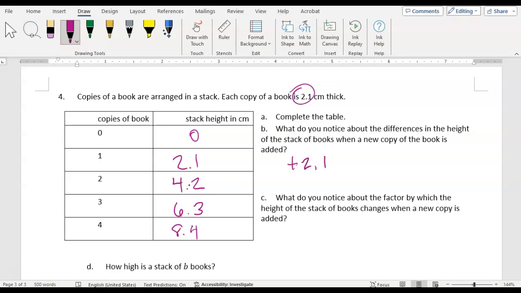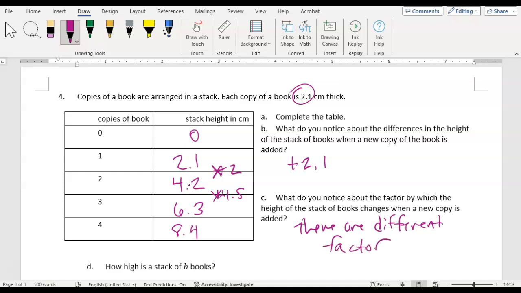And then the factor here, though, is not constant, right? 4.2 divided by 2.1 gives me 2, right? So here it's times 2, but then 6.3 divided by 4.2 is a factor of 1.5. So there are different factors.